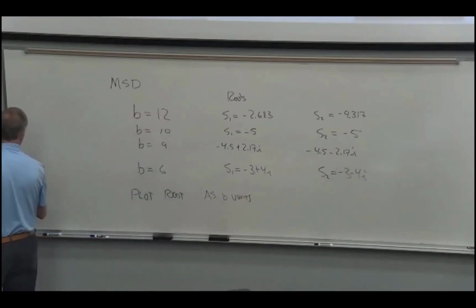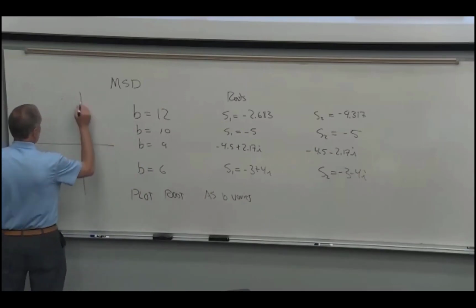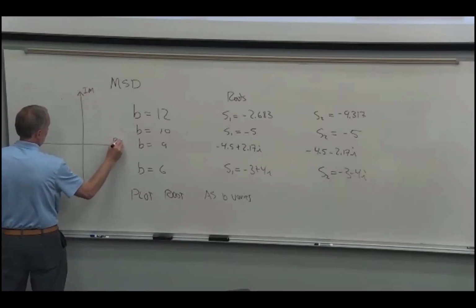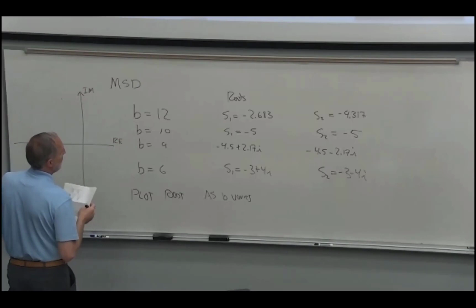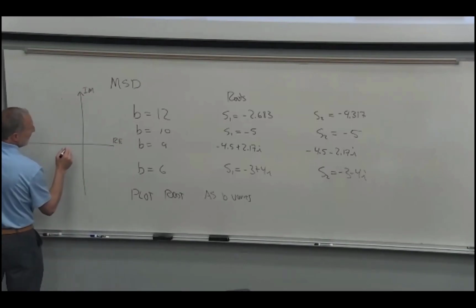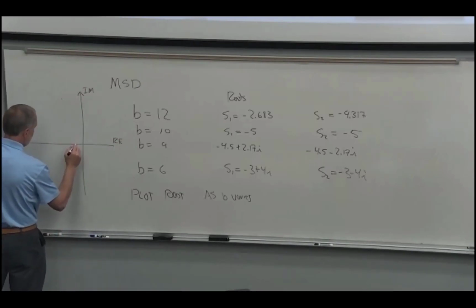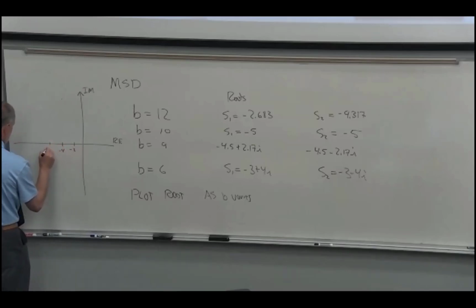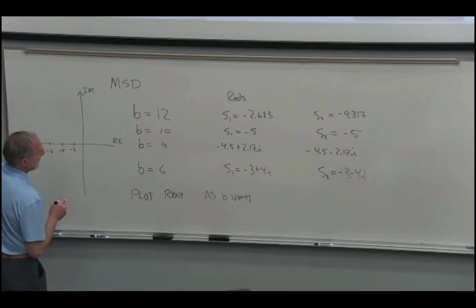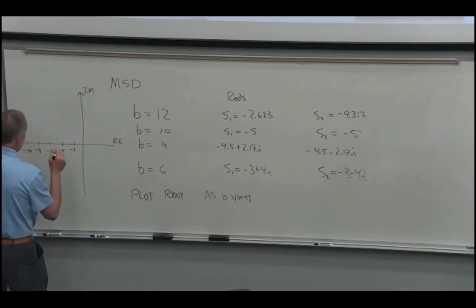Let's make a plot over here. So here's the imaginary part. Here's the real part. Let's see, B is 12. We have minus 2.683 and close to minus 10. So I'm going to have to put marks here too, and I'm going to need marks up here.